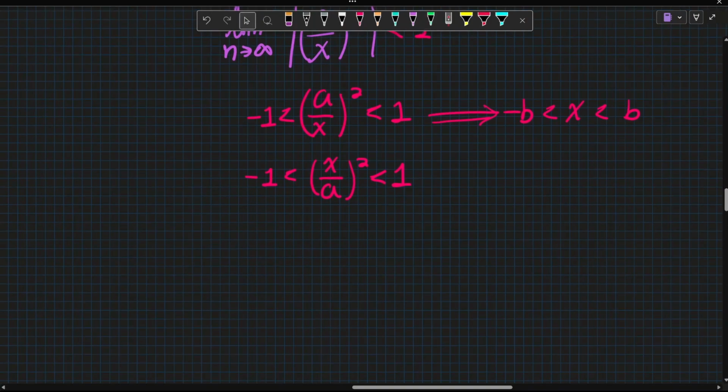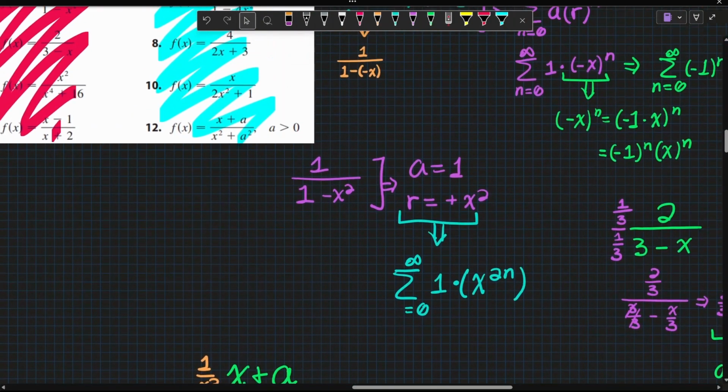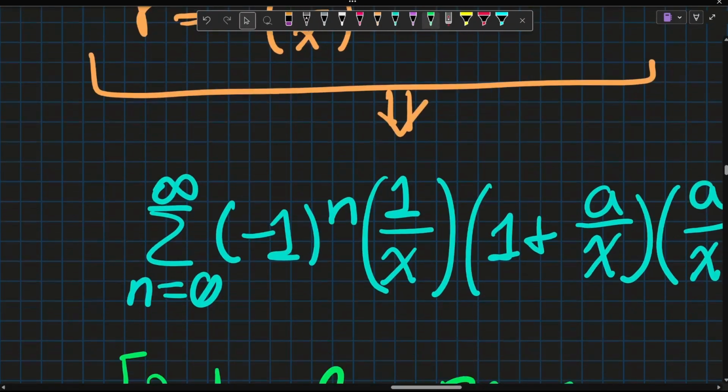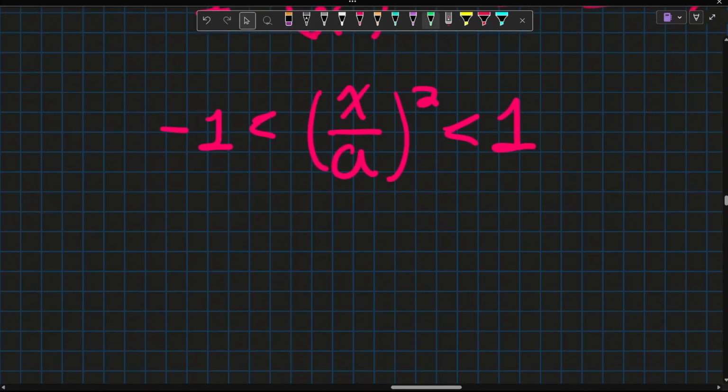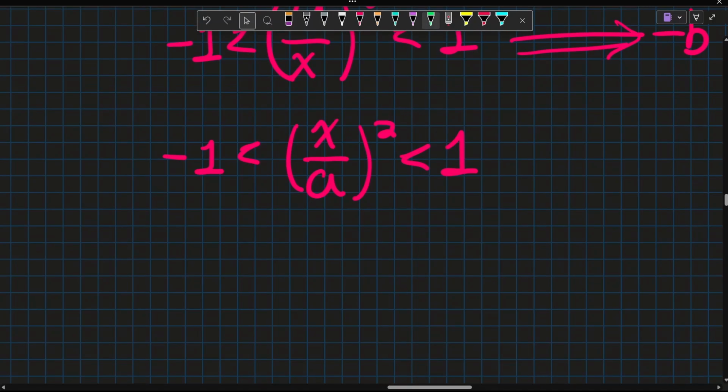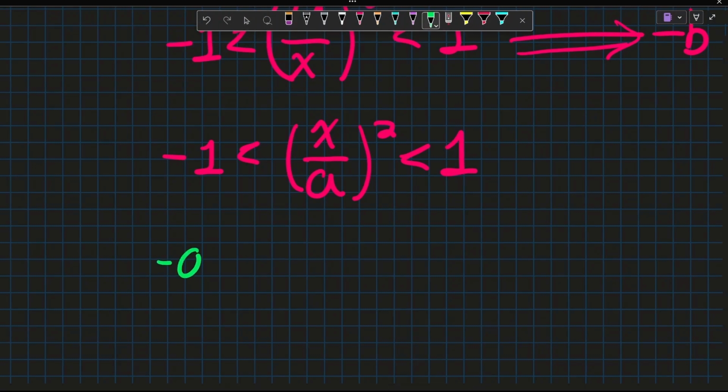Now, we multiply both sides by a squared, and again here, it tells us that a is greater than 0. But regardless, that doesn't really matter to us. Actually, it does matter to us. Since a is always greater than 0, we can take the square root of this. Okay, we'll multiply both sides. We'll get a squared, and then x squared, a squared.